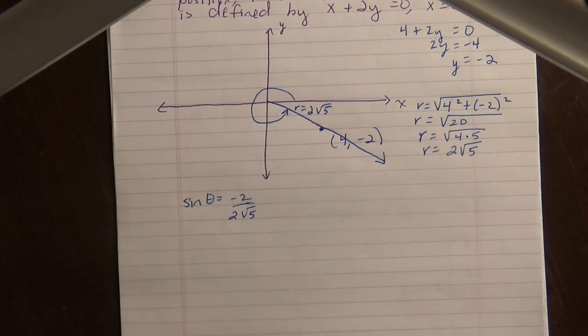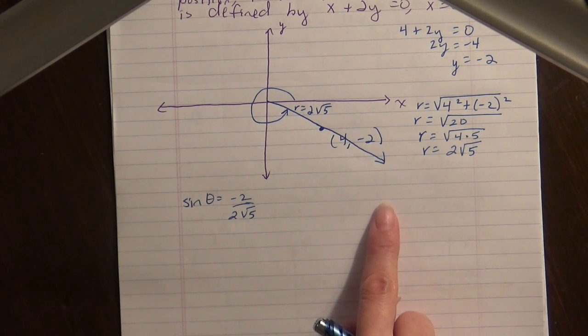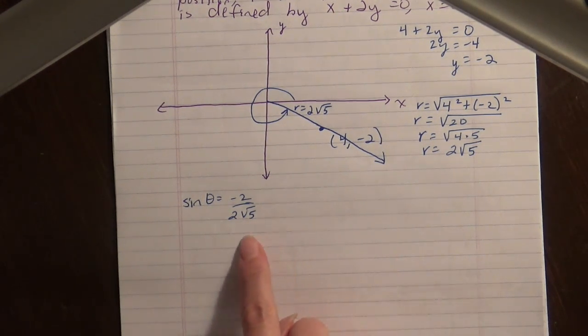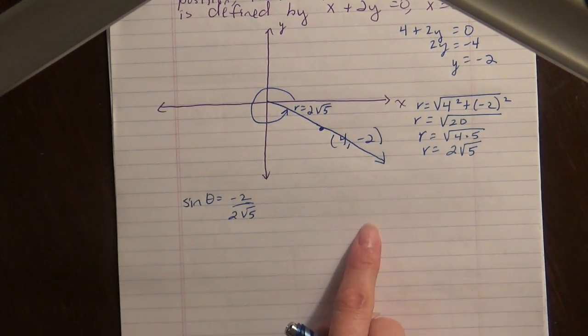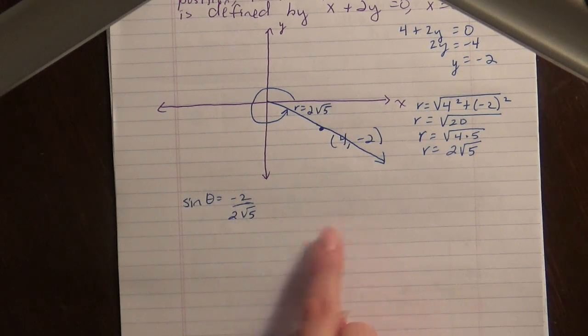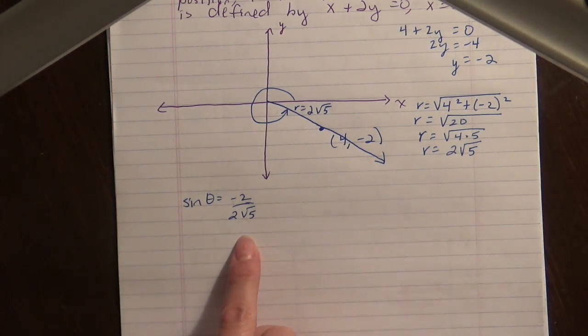It's like leaving a fraction that's not simplified. We have to fix that. So we are going to be rationalizing this denominator. However, I'm going to wait a minute because I know I'm getting ready to do reciprocals when I do the cosecant over here. And if I leave it like this first and then do the reciprocal, it'll be a little less work. So I know that I've got to come back and rationalize this denominator, but I'm going to hold off on it for right now.